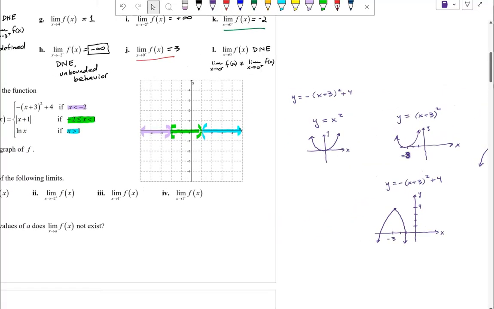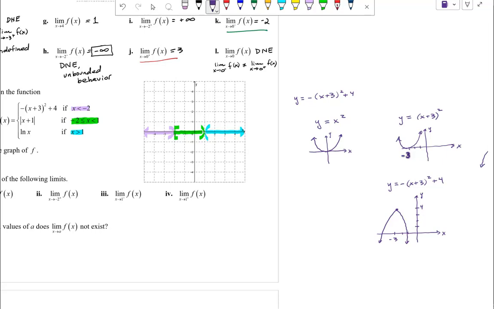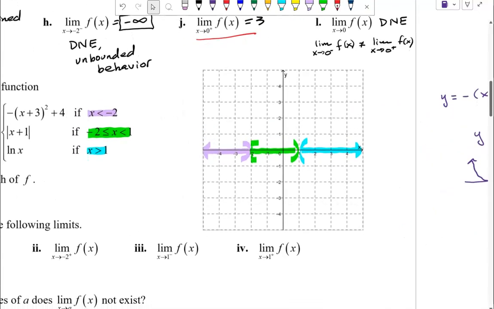But remember, we have a restriction on the domain of this graph. We're only going to graph this parabola for x is less than -2. So we've got our -3, 4 right there. And then at -2, we could actually plug in our -2 here and quickly see that we have (-2 plus 3) squared like that, which will give us a 1 squared plus 4, which is going to equal 3.